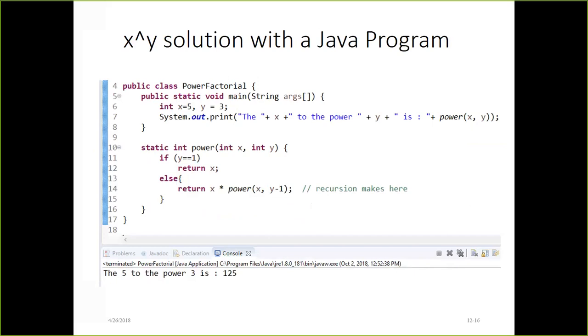It's because when you have only one line, you don't need the curly bracket. So I could get rid of this curly bracket over here. If you have only one line, the curly bracket is optional. But if you have more than one line, then it's required, right?